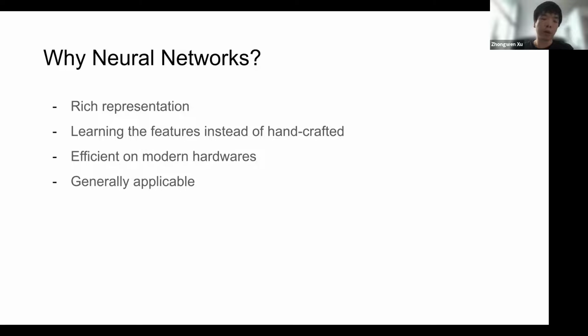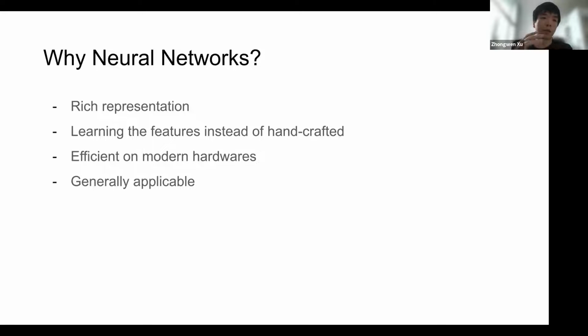Prior to the DQN work, there was some work which handcrafted the features for the Atari input. The researchers used some human knowledge to design the input to the linear layer.